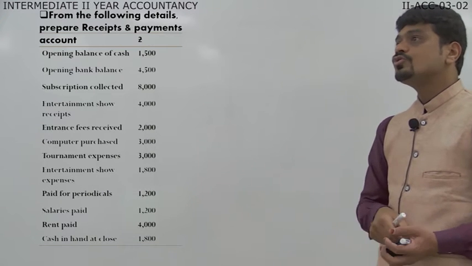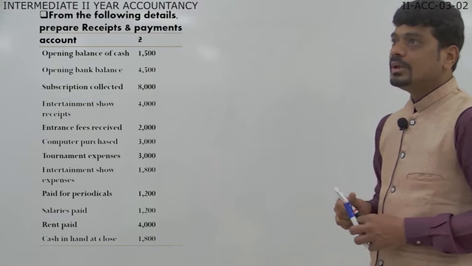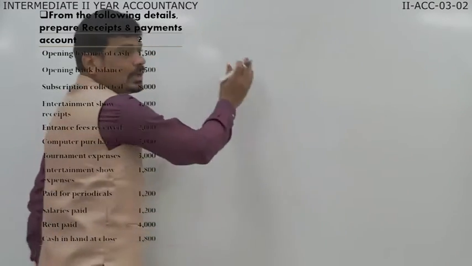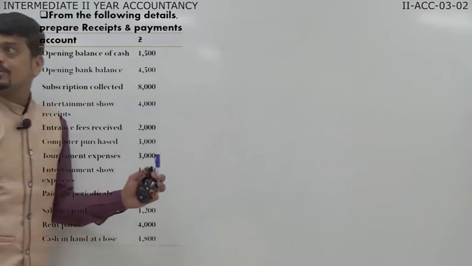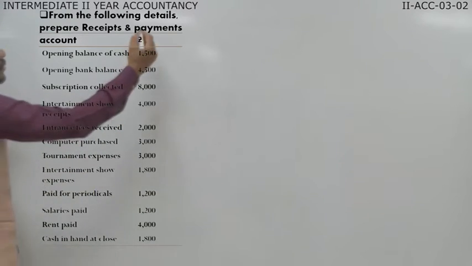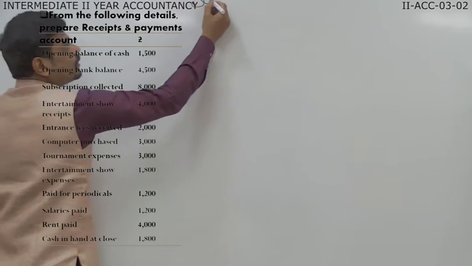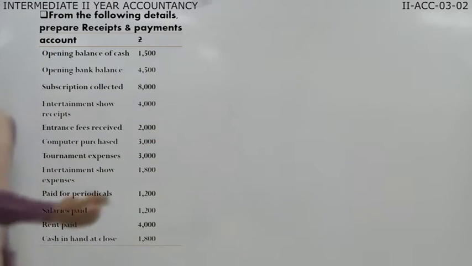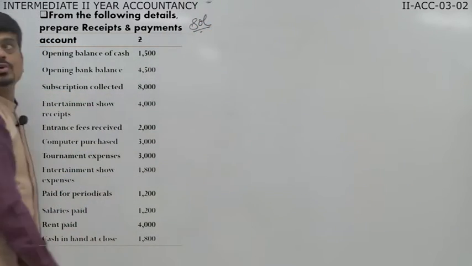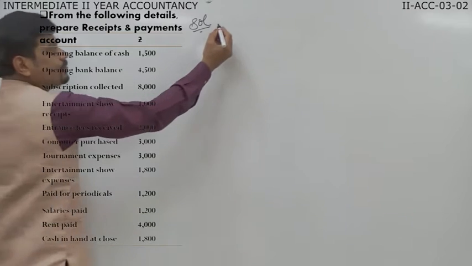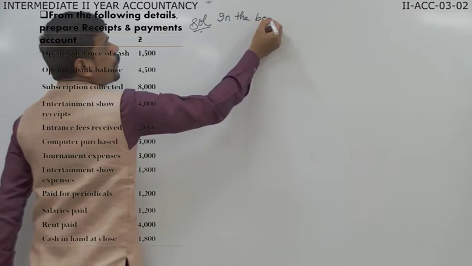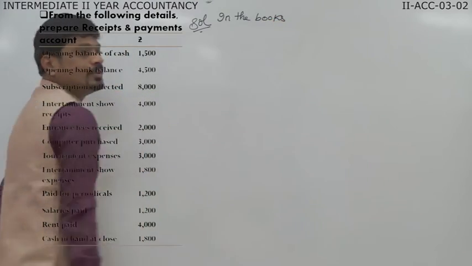How the solution should go, that we are going to learn. So to do the solution, see on the blackboard how we are going to prepare it. Here you are going to write solution. The first important thing is you are supposed to write the heading, which students generally make the mistake of not writing.